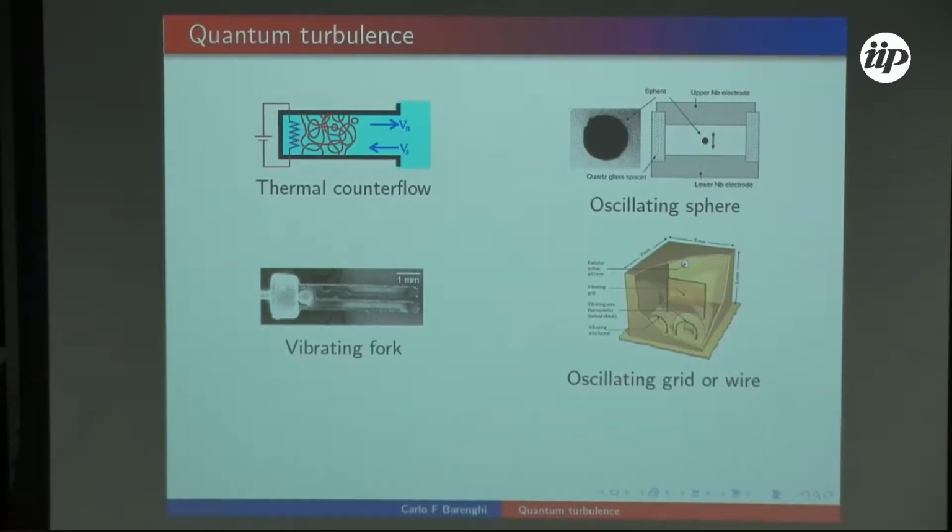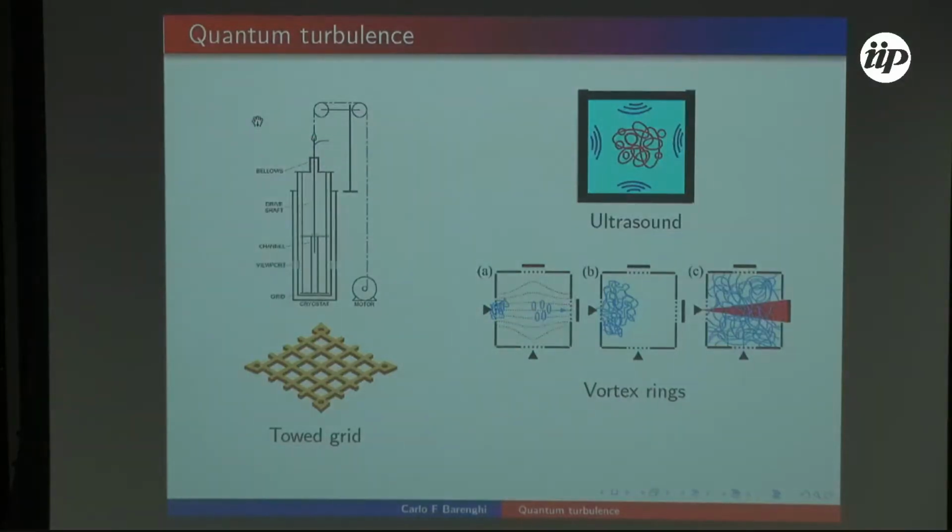So there is a channel, there is a heater injecting essentially energy, producing normal fluid moving in one direction, and by counterflow, superfluid in the other direction. So another example is a grid which is moved suddenly in fluid at rest. So it's similar to a wind tunnel. Ultrasound generation: if you want to create turbulence away from the boundaries, you focus ultrasound to the center.